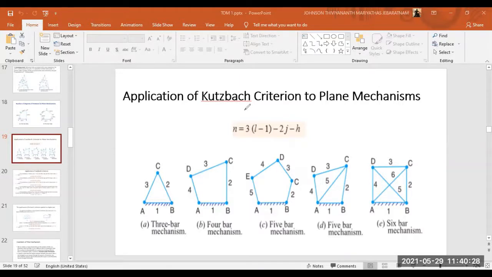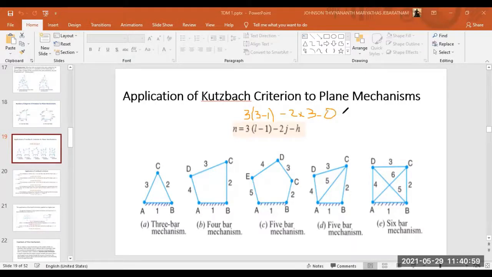N is equal to 3 into L, L is the number of links, so that is 3, minus 1, minus 2j, that is 2 into the number of binary joints, that is 2 into 3, minus h, the higher pair, that we don't need now, so I will put 0.